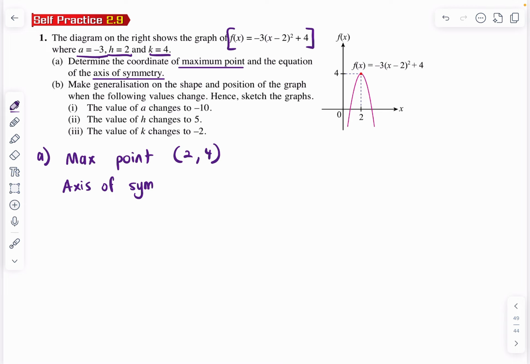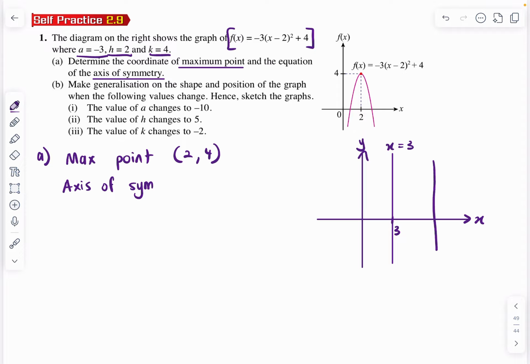So whenever you have a vertical line, okay, let's say this is x and y. If we have a vertical line, the equation of this vertical line, let's say this is 3, it will be x equals to 3. If it cuts through 5, this one will be x equals to 5. If it is horizontal, this will be y equals to something. Okay, it depends on what it cuts, so this one will be y equals to 5.